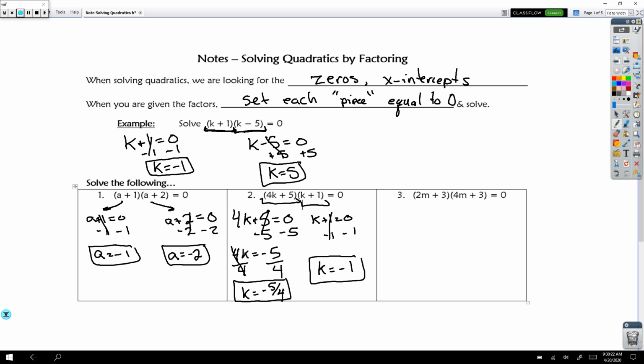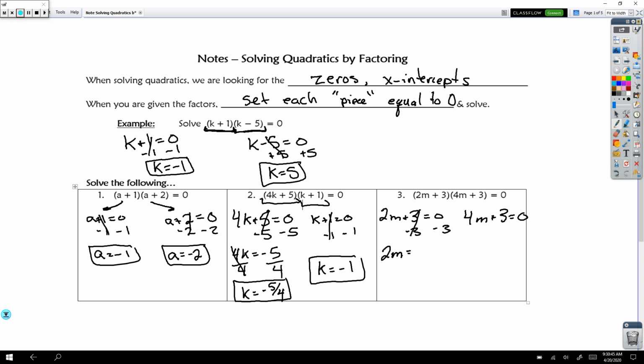Alright, last problem. Start by setting the two pieces equal to 0. So 2m plus 3 equals 0. 4m plus 3 equals 0. So this one, they're both going to require two steps. So I'm going to have to add and subtract first, and then divide to get the variable by itself. So first we'll subtract the 3.